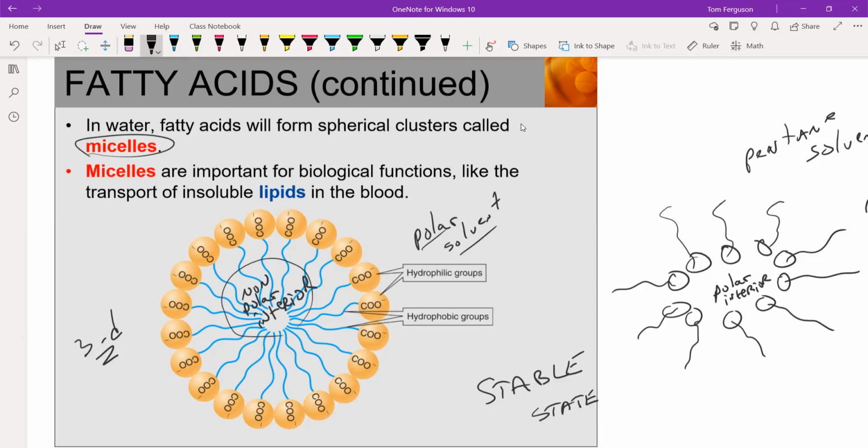So this is water, and we're transporting that fat around the body. If we form it into a micelle, we can move it through a polar solvent, even though the main part of that molecule is non-polar. It's a clever way to do it.